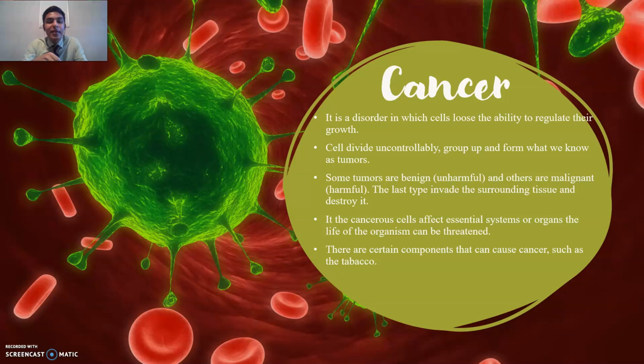So that's basically what cancer is about. And just as mentioned before, there are some components or mutagens that increase the probability of an organism having cancer, such as tobacco. So if a person smokes way too much, that person is in danger of acquiring cancer at a later stage of their life.